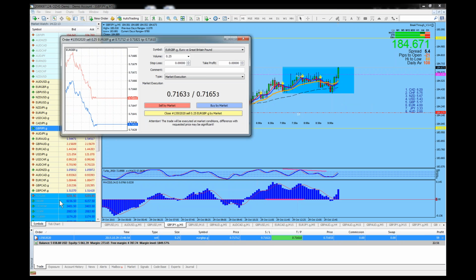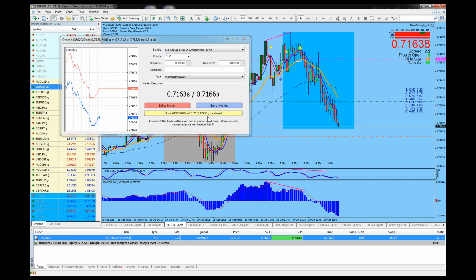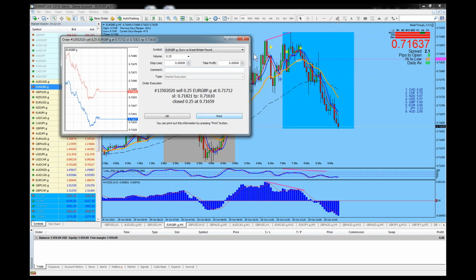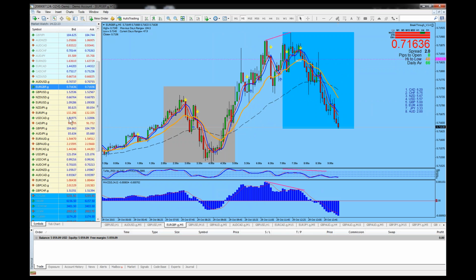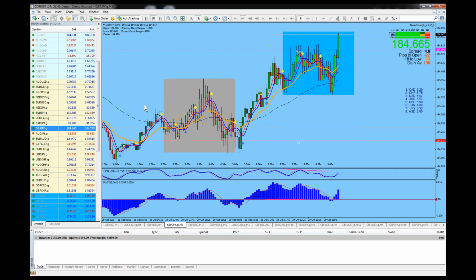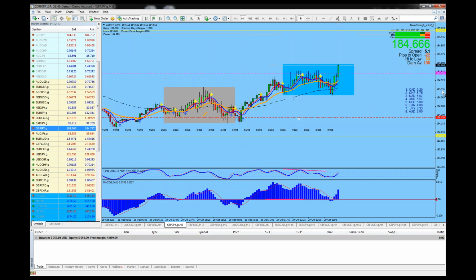Close order. Let's go back to euro pound and take a look at that. 5, Lou. 5.3, I took it. I missed the pound yen. But this, again, think of the trade ahead. I needed to see it crack this level. Now, I could target this with some sense of confidence.